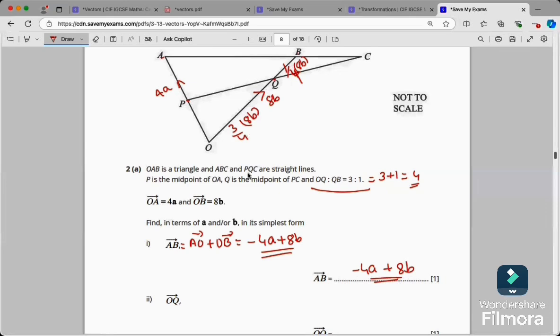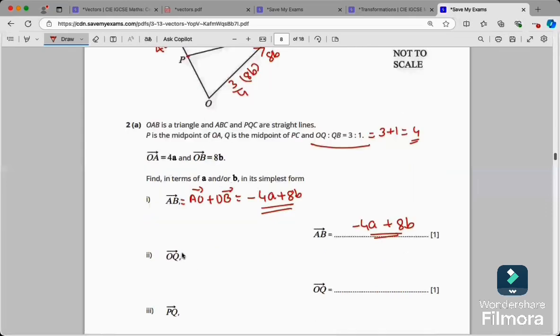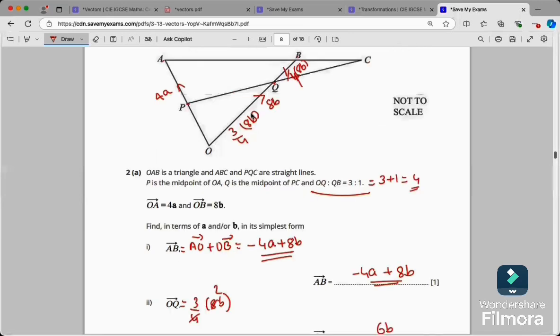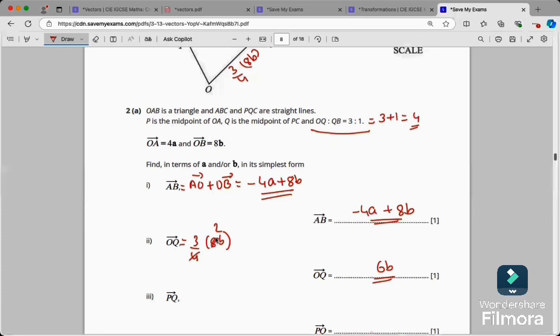We already solved the ratio part, so we can directly take OQ equal to 3/4 of the line OB, which is 8B. So 3 by 4 of 8B: 4 ones are 4, twos are 8, 3 twos are 6B.